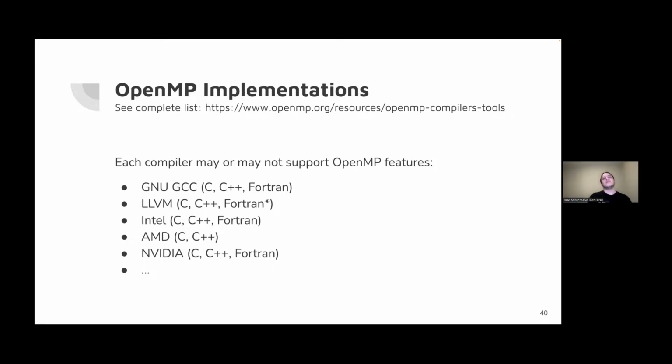More often than not, if you go for the latest version of OpenMP, you're going to have a really hard time finding compilers that support all its features. We are talking about version 5.2, which is the latest one right now. If you try to look for compilers that support 5.2, I'm going to be bold, but I don't think there is any compiler that supports the whole 5.0 specification.